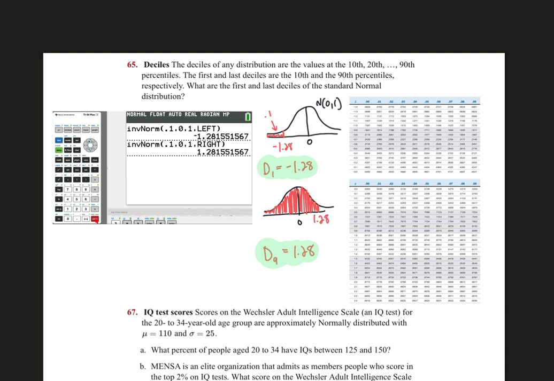And I think I did another way. I recorded these calculators earlier. We could also do 0.9 to the left. So inverse norm, and then 0.9 to the left, same thing. We should get the same answer as before. Yeah, okay.